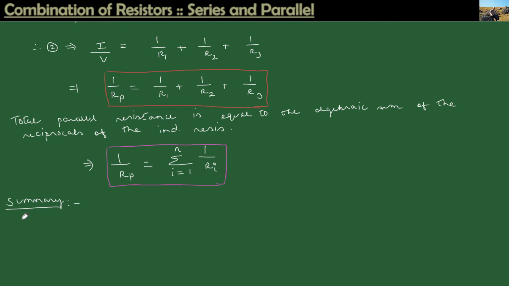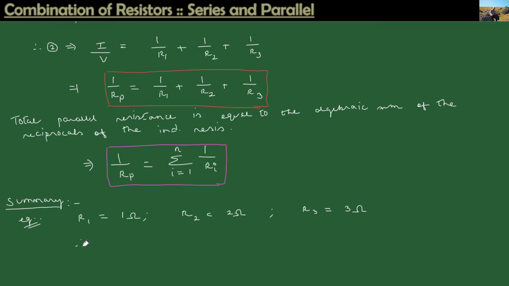Suppose we take an example, and let the value of R1 be 1 ohm, R2 be 2 ohms, and R3 be 3 ohms.